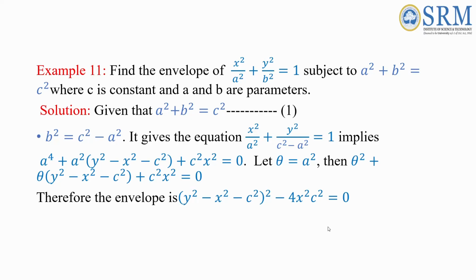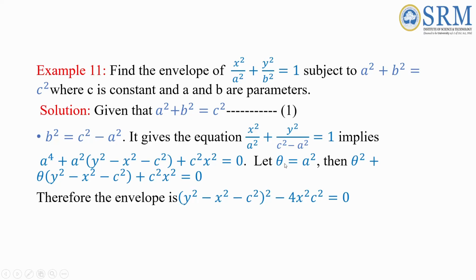So in this problem, what is the condition? The condition is a² + b² = c². Therefore, we can write b² = c² - a², and replace b² with this expression in the given equation x²/a² + y²/b² = 1, and we get x²/a² + y²/(c² - a²) = 1, which gives a⁴ + a²(y² - x² - c²) + c²x² = 0.